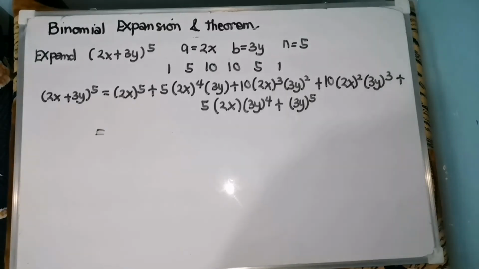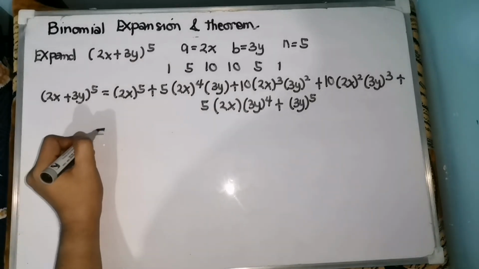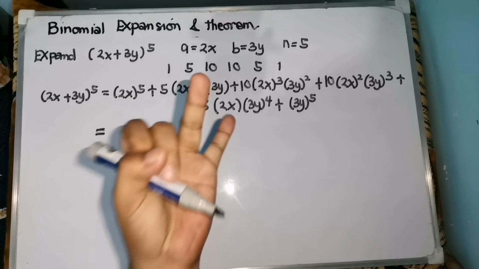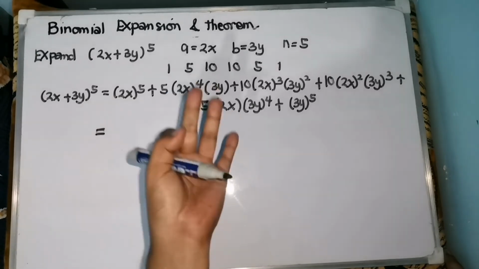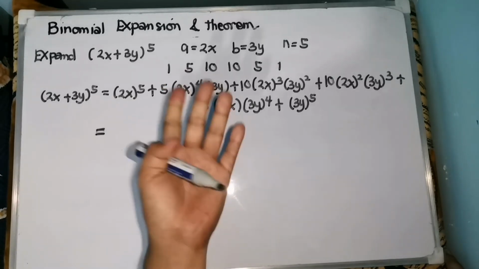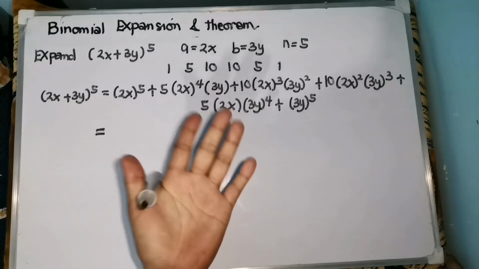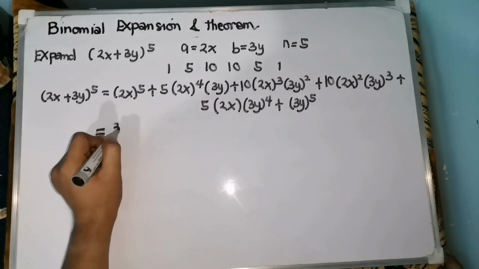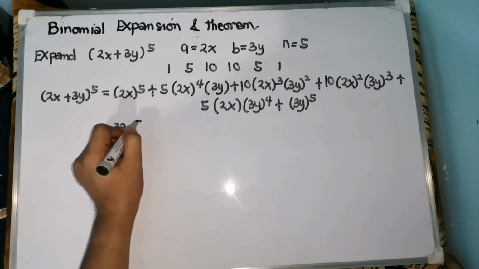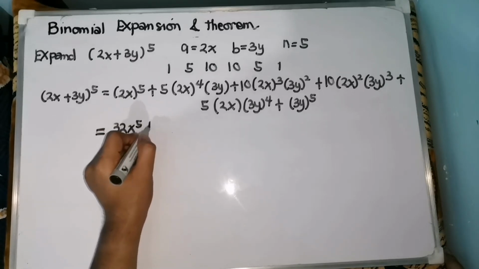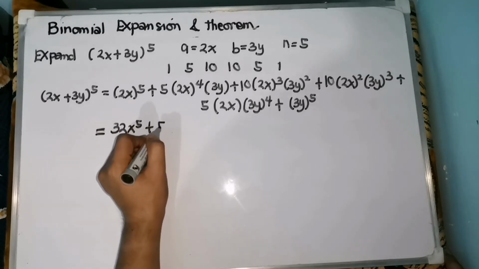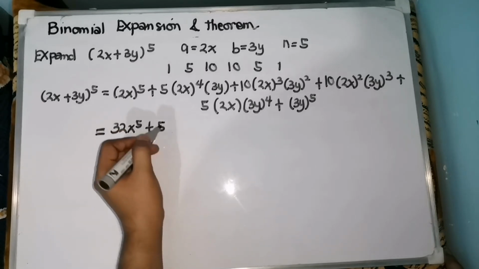Equals. So 2 to the 5th. When you say 2 to the 5th, you need to multiply 2 by itself 5 times. That is 2 times 2, 4, times 2, 8, times 2, 16, times 2 is 32. So that is 32x to the 5th, plus 5. Let's simplify this first.